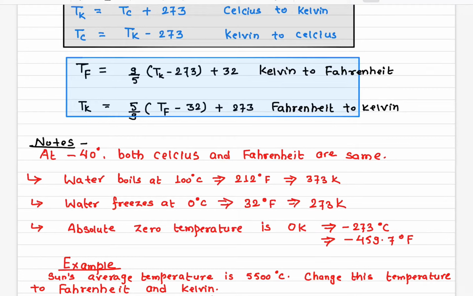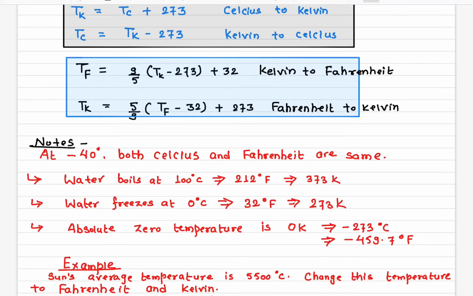Absolute zero temperature is 0 Kelvin, which is equal to minus 273 degrees Celsius, and in Fahrenheit that is minus 459.7 degrees Fahrenheit. When I say absolute zero, what does that mean? The temperature cannot go below 0 Kelvin.